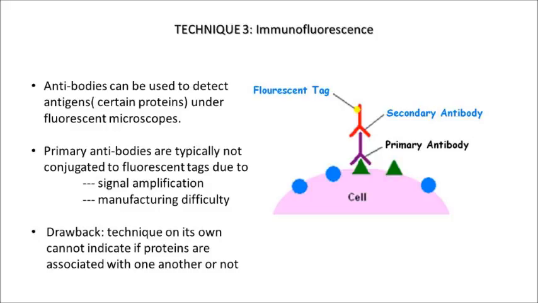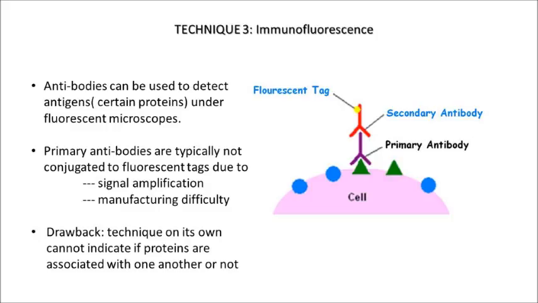The drawback to this technique, though, is that it can't really be used to determine if proteins are associated with one another, and it does involve killing the cell itself. So it's not very helpful to see how proteins actually move or function within the cell, just to get a location of where it is.